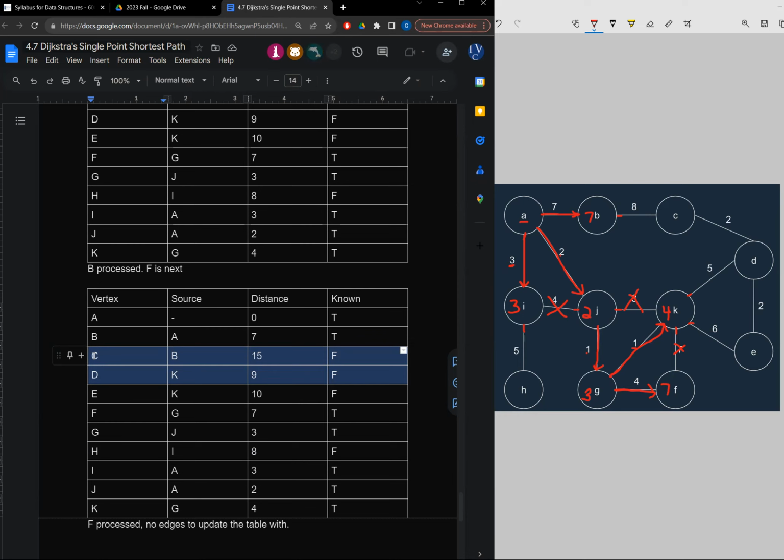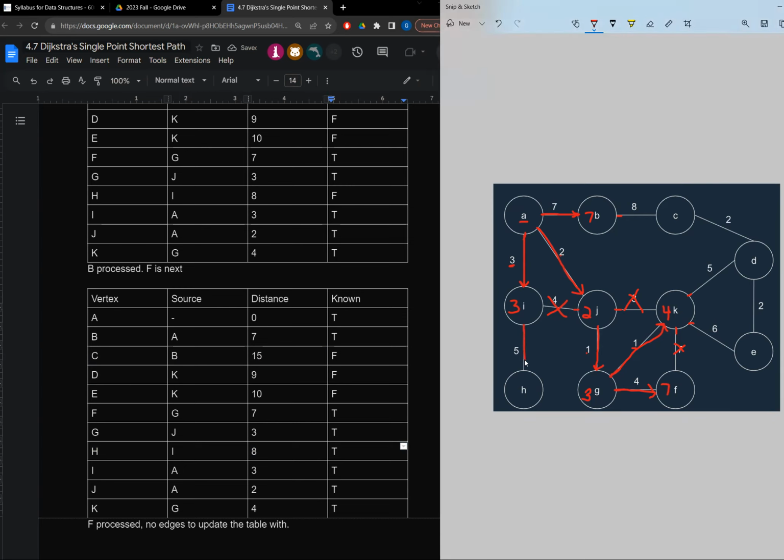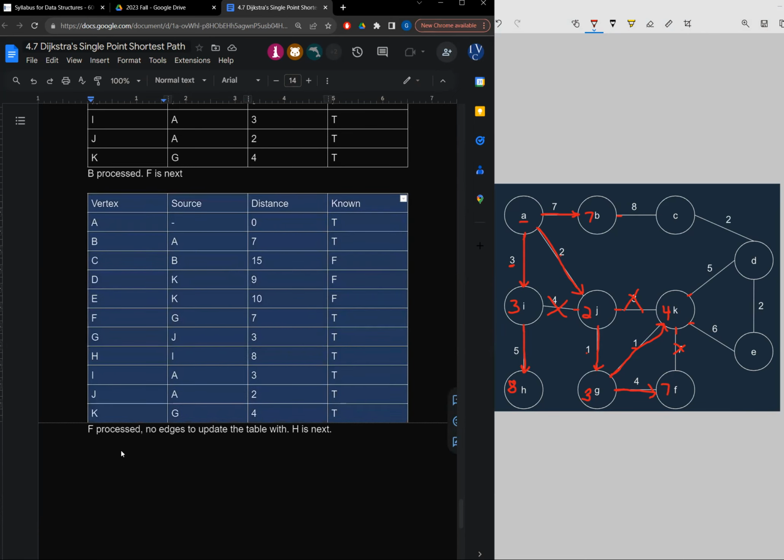I got one answer. I have 3 answers corroborating, so we're in agreement. H is the shortest path that we can build at this point. All right, so we'll mark that as true. Shortest possible way to get to H will be this path, or 8. All right, H is next, and H has no edges to process, so H is done.